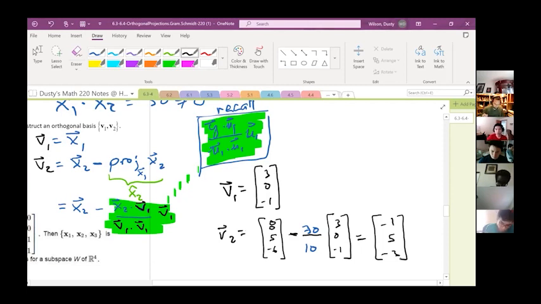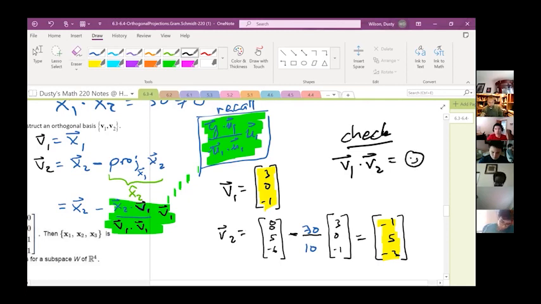Okay. Let's look at these two vectors. What is the dot product of v1 and v2? So it equals 0.